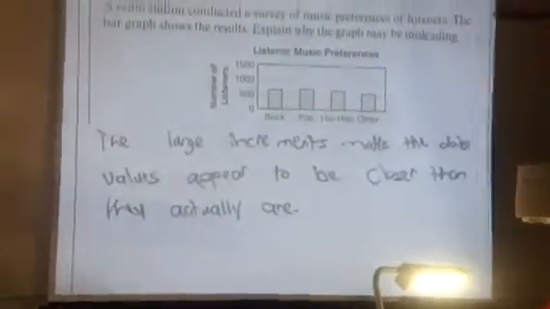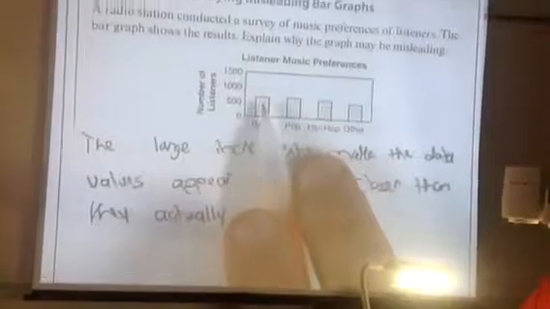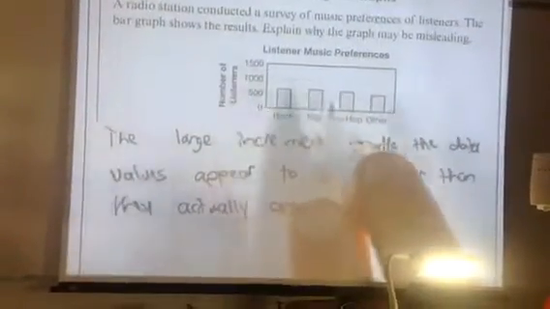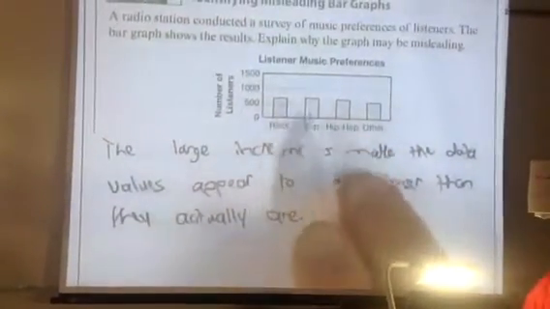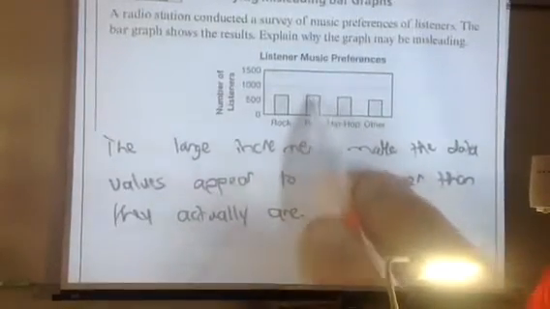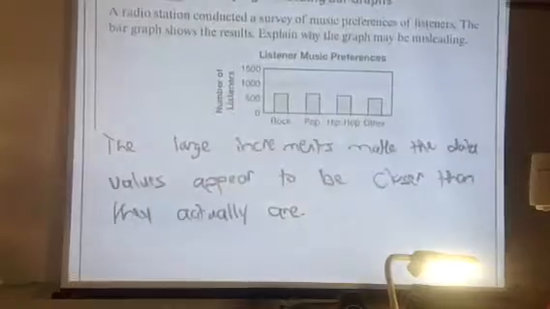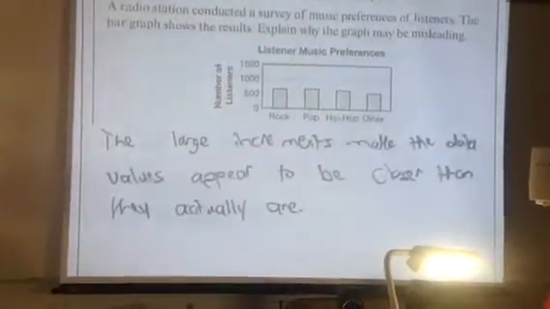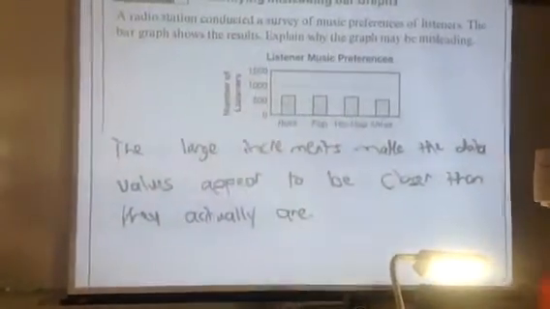If you were trying to make a graph that said rock is just as popular as pop, you can't really tell right here, but pop may actually have about 50 or 100 more people that like pop, but you can't tell because these increments are so large. So this is a misleading graph.